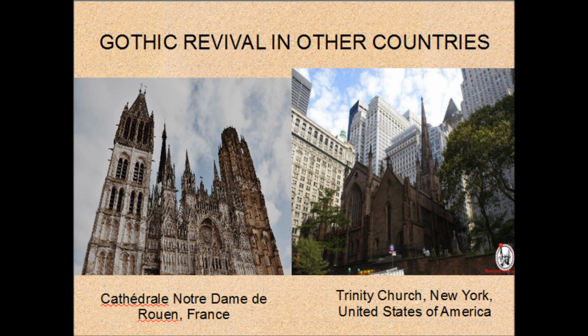In the US, the Trinity Church of New York, on the right side, was created by Richard Upjohn, an American architect, in 1846. It is now part of the National Historic Landmark, thanks to its neo-Gothic architecture and its role in the history of the city.